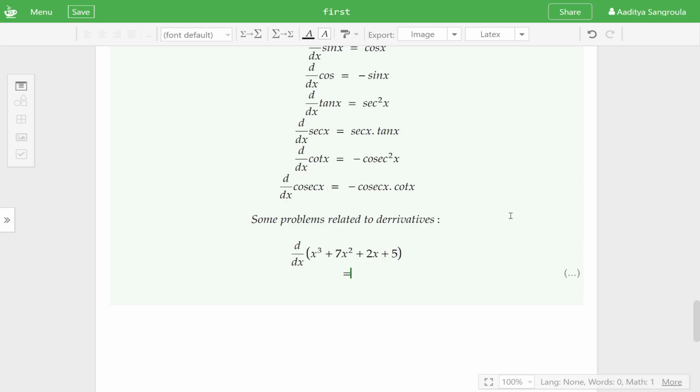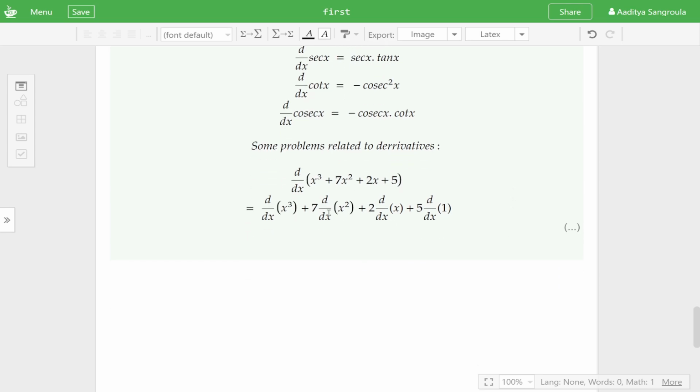In order to calculate the derivative, we have to use the sum rule. So this is going to be equal to the derivative of x cubed plus 7 times the derivative of x squared plus 2 times the derivative of x plus 5 times the derivative of 1, right?